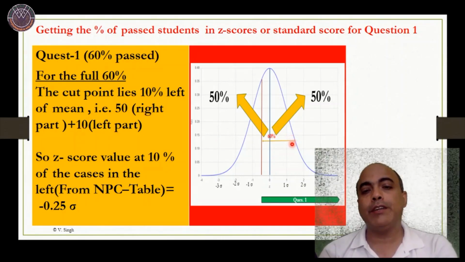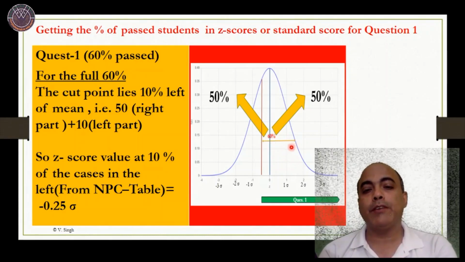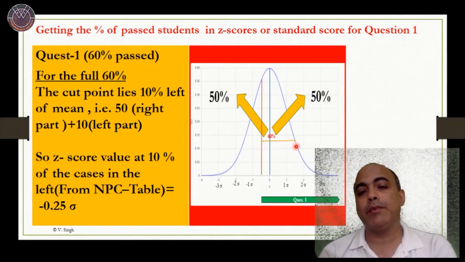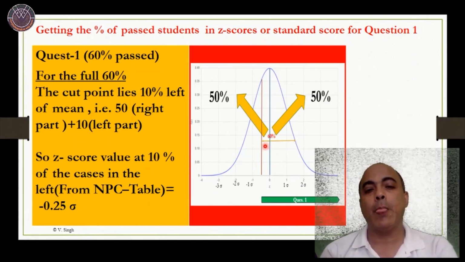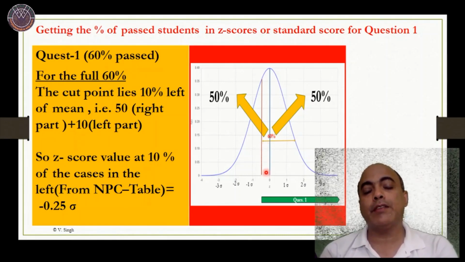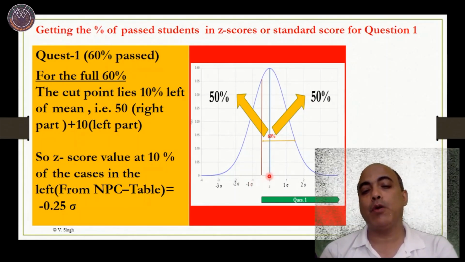As I already discussed in the previous part of this video, this is the 50% part which is totally covered on the right hand side, and the 10% from the left hand side. So we can say that our sigma value or Z score value will be lying in the negative area, because we have already covered the positive part.